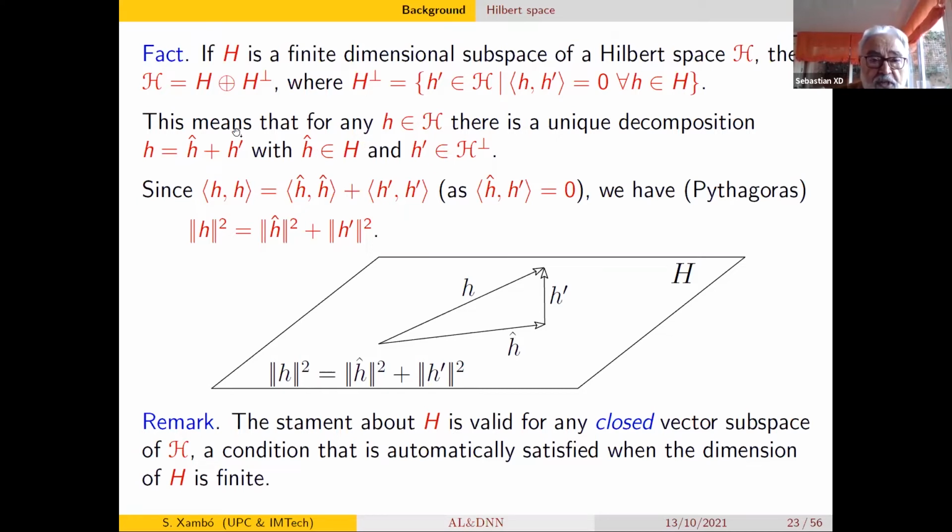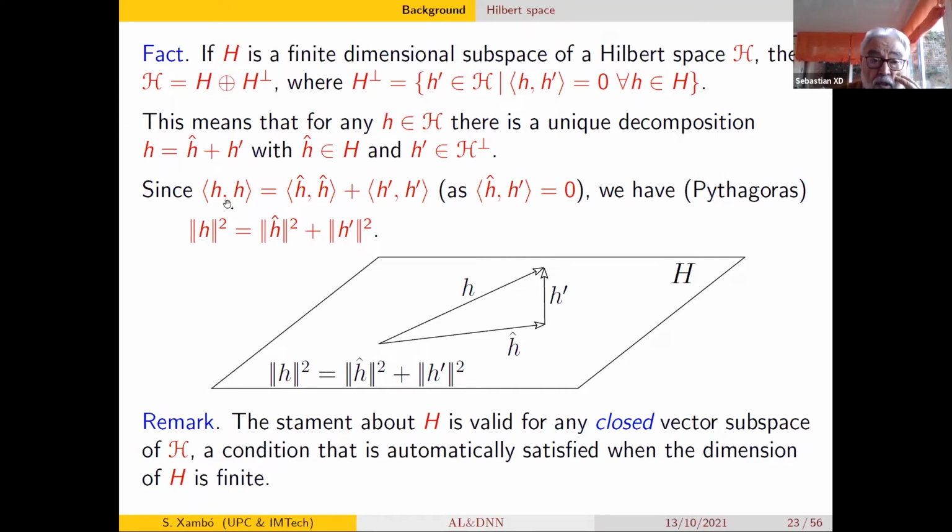So how do you prove this? I think that you can follow the argument in these graphics. Well, this is a fact. I'm not going to prove this, but what I'm going to need is this. For any h in curly H, there is a unique decomposition into one element h hat of H and an element h prime from H perp.